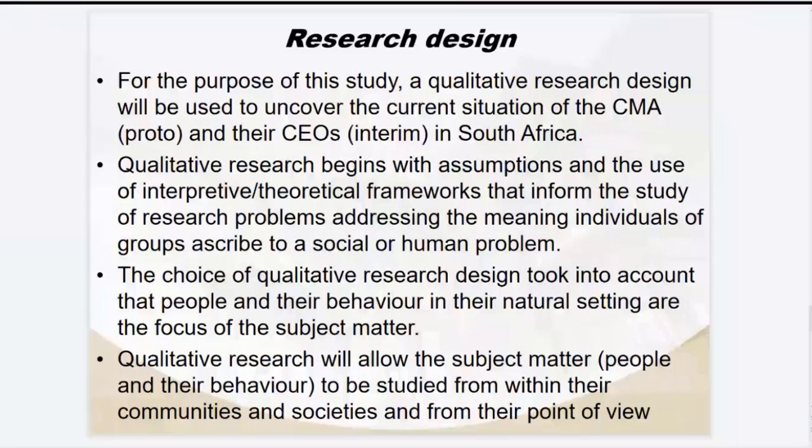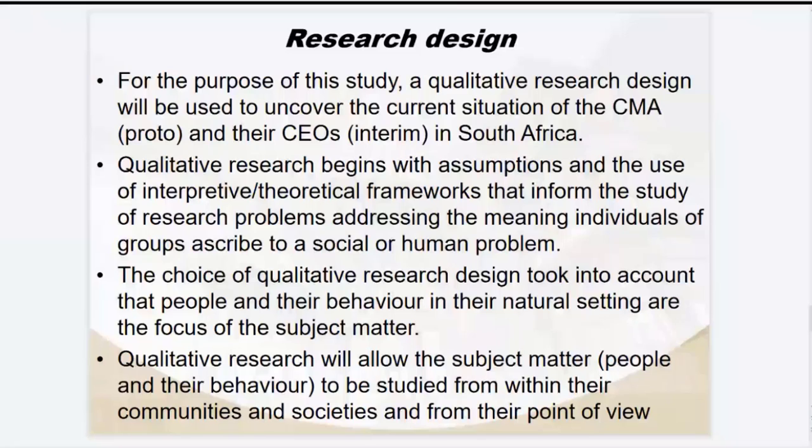Now, in other words, we are saying, if we are going to sample people, if we are going to gather information from people, we believe that we can go qualitative, because we will be looking at their behavior, their beliefs, and we will find them in their settings.